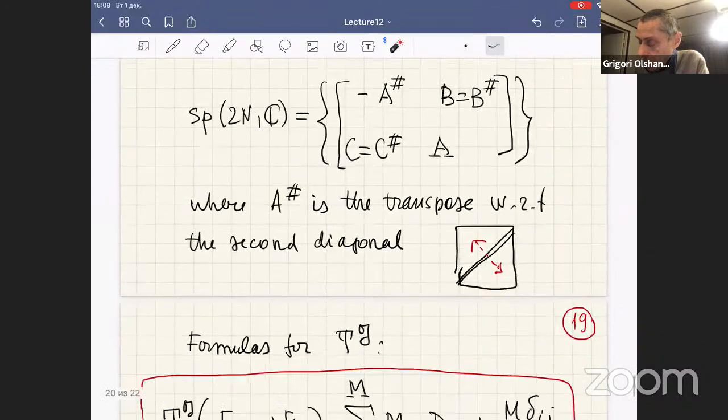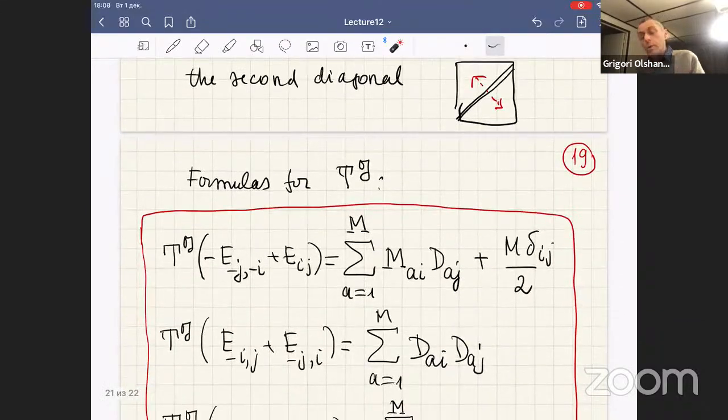And now some explicit formulas. We want to get some realization. So to each basis element, we want to assign some differential operators. And as I mentioned above, this is some quadratic expression. The sum is over the index a from 1 to m, plus some extra scalar terms. So this is the Kronecker delta.